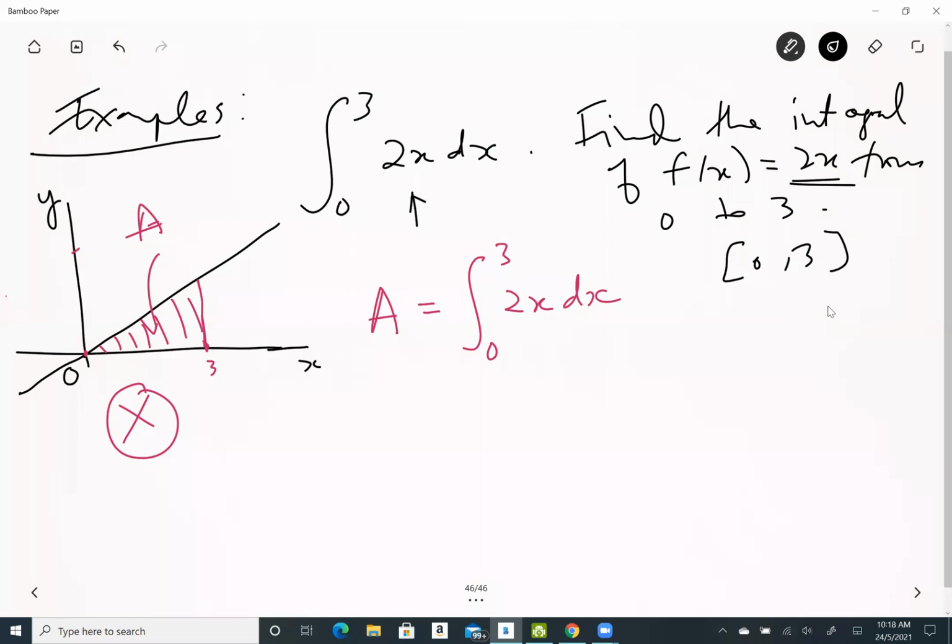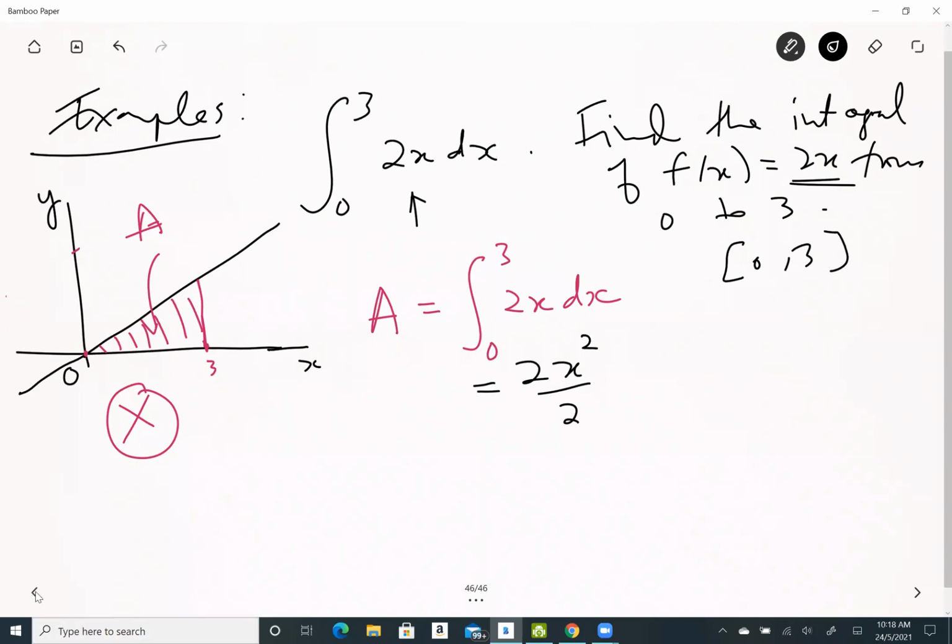So if you have 2x, a very simple function, what is the integral? The integral is equal to 2x squared over 2. Now, you don't need the c, because we know that the c will cancel out at the end.